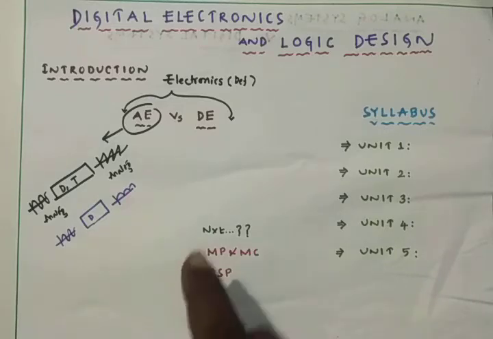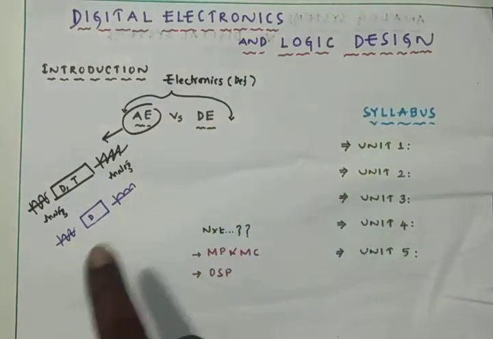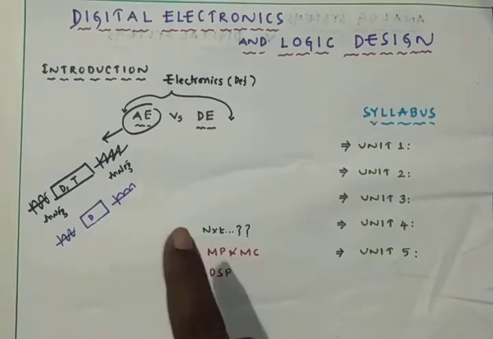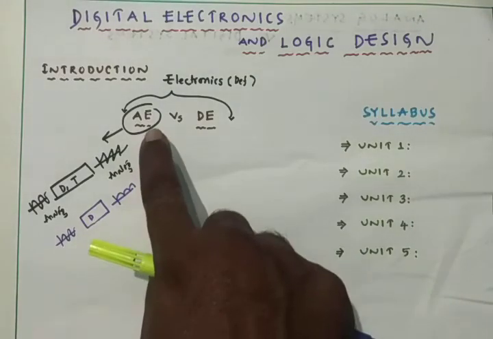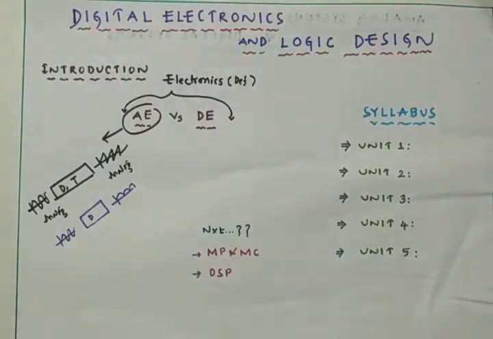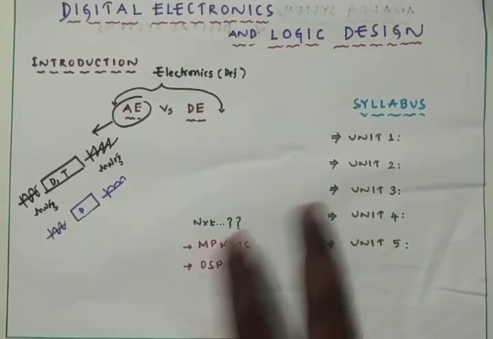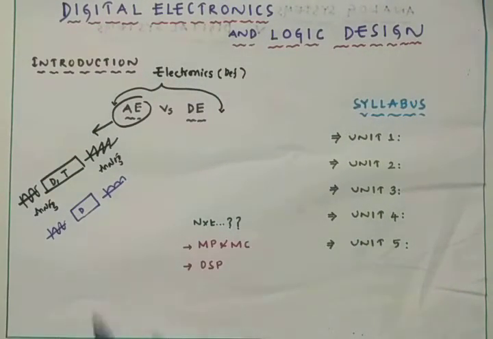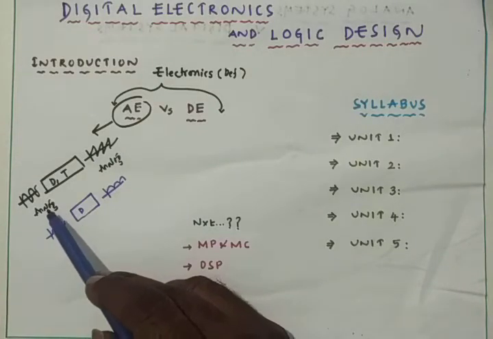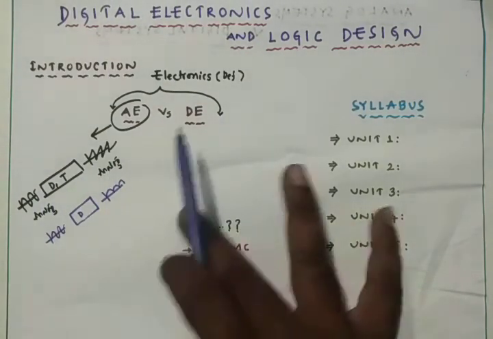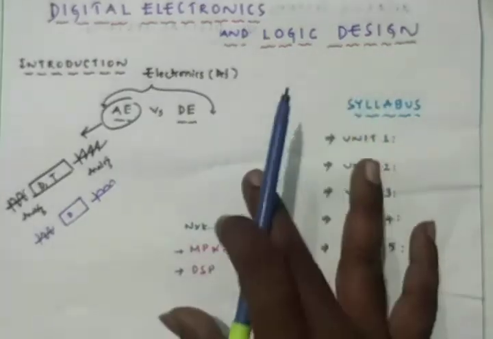An electronics which completely deals with analog signals, where input and output are analog signals, is named as analog electronics. We have discussed these complete things in the first sem. So here, input is an analog signal and output is also an analog signal. What exactly is the meaning of analog signal?